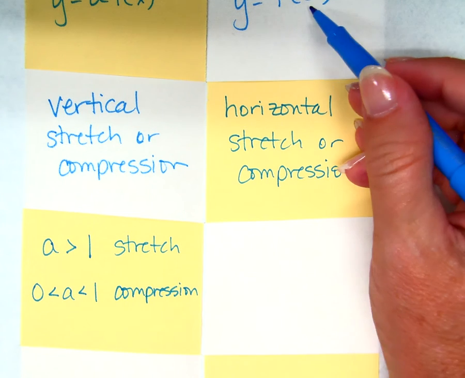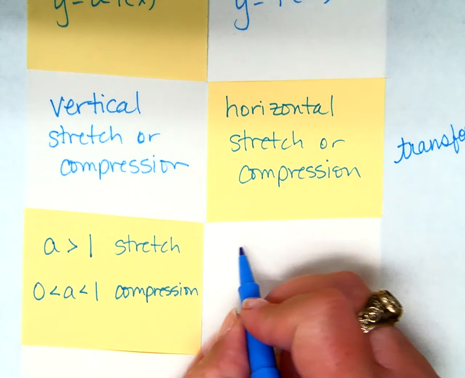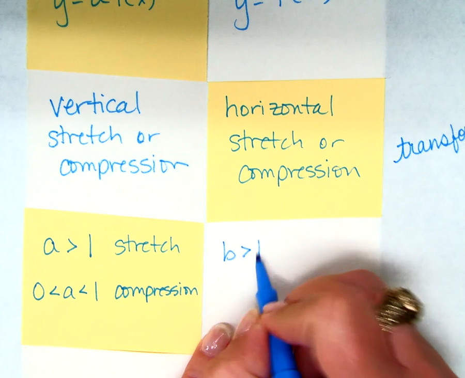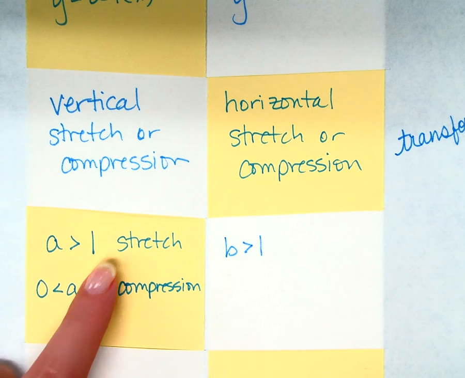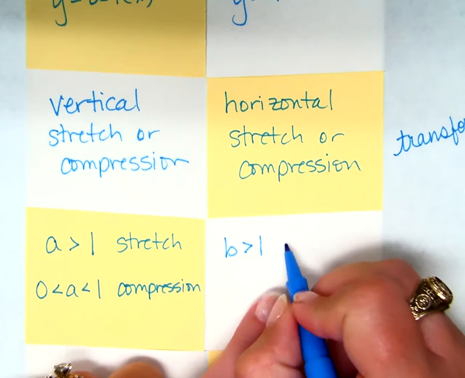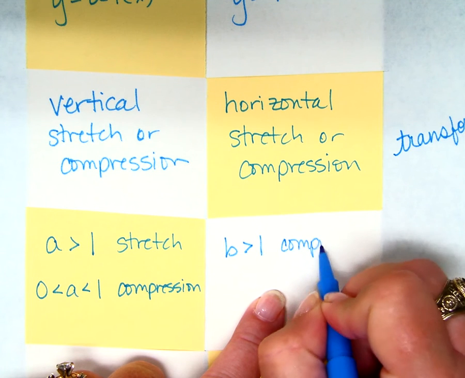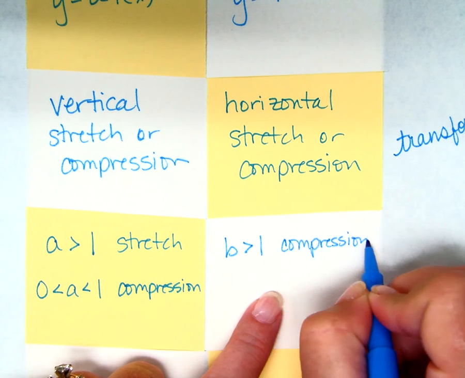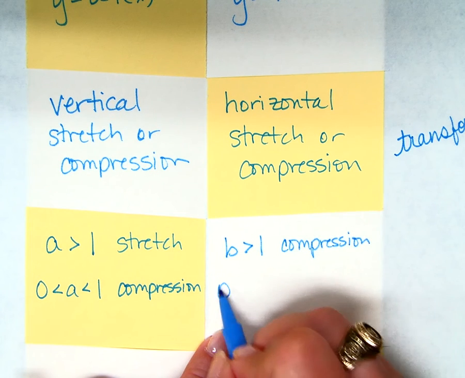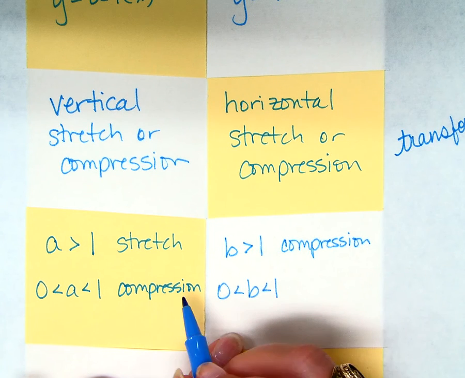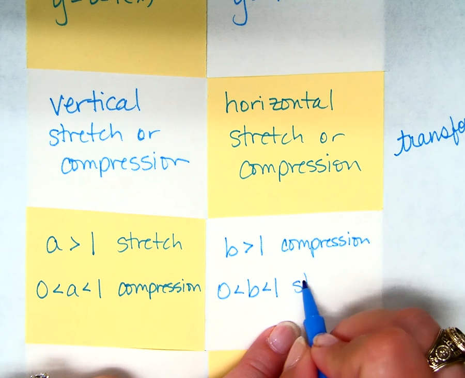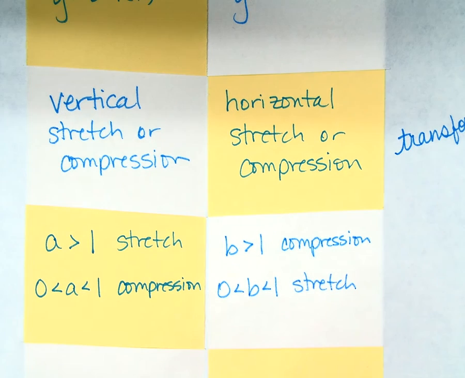Because if the multiplier is inside, like this b value, if b is greater than 1, what do you think it should be? A stretch, right? What is it actually? A compression. And if it's between 0 and 1, what do you think it should be? A compression, but what is it actually?